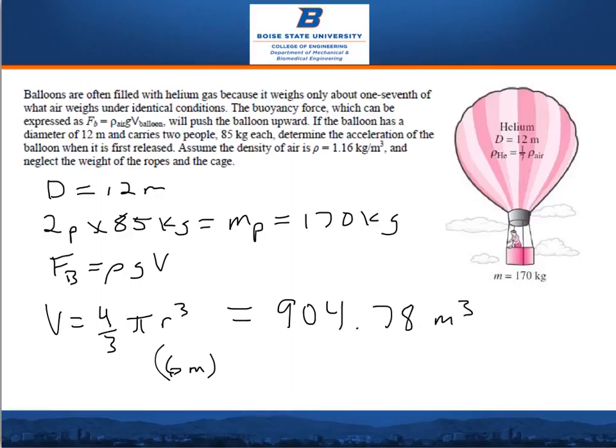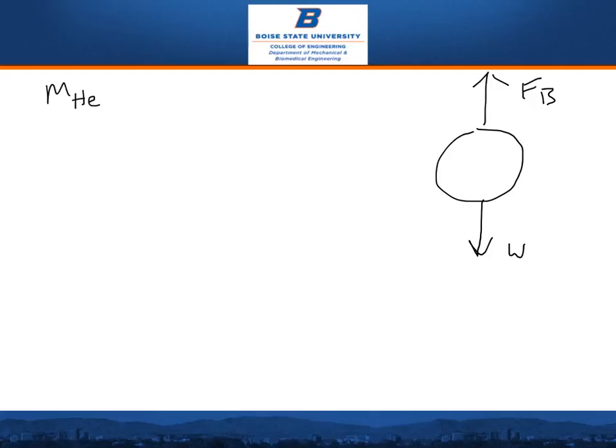If we were to draw our free body diagram of the balloon, simplified, we have the buoyancy force, Fb, which we just accounted for on the previous slide, minus the weight of both the helium inside the balloon and the people. So we know the mass of the people, 170 kilograms. We now need to find the mass of the helium, which is simply equal to the density of the helium times the volume of the balloon.